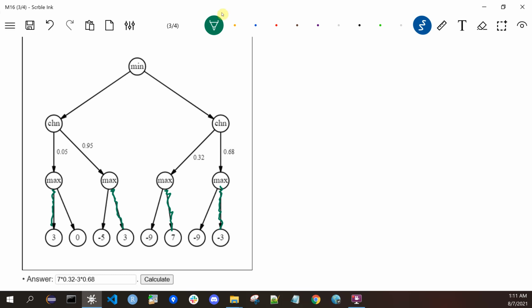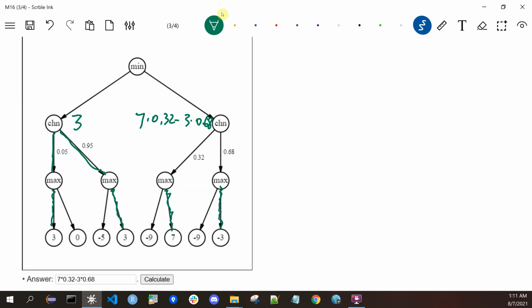Next, the chance is randomizing, so I need to compare the expected value. For the min player, I'm comparing the expected value between 3 with probability 0.05 and 3 with probability 0.95. That's 3 for sure. And here is 7 with probability 0.32 and -3 with probability 0.68.